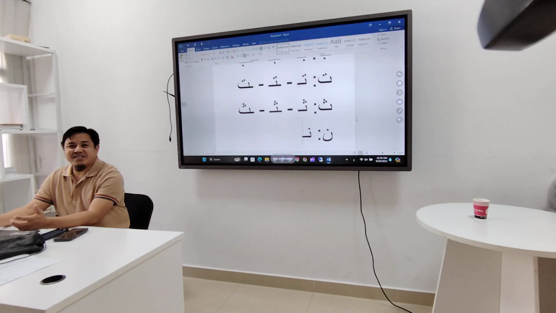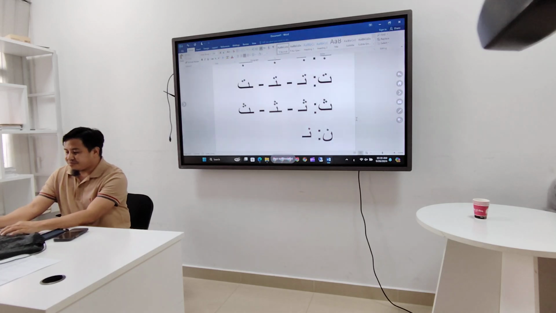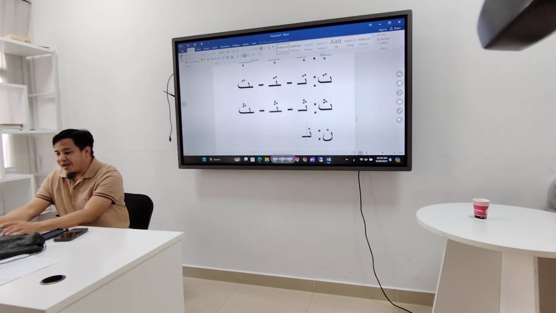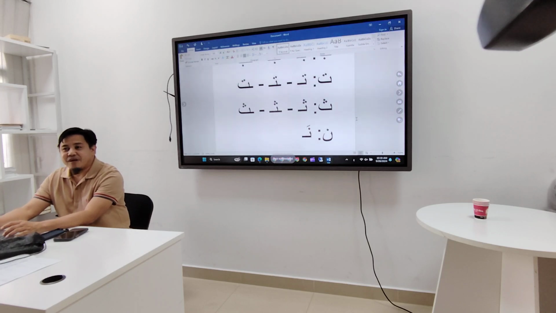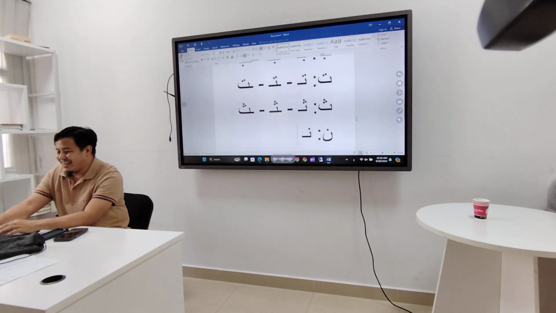Can you see any difference? The same shapes as ba, ta, and tha, but the letter is nun, as in letter N. If we place fatha, we read nun, fatha, Na. Nun, kasra, Ni. Nun, dhamma, Nu.